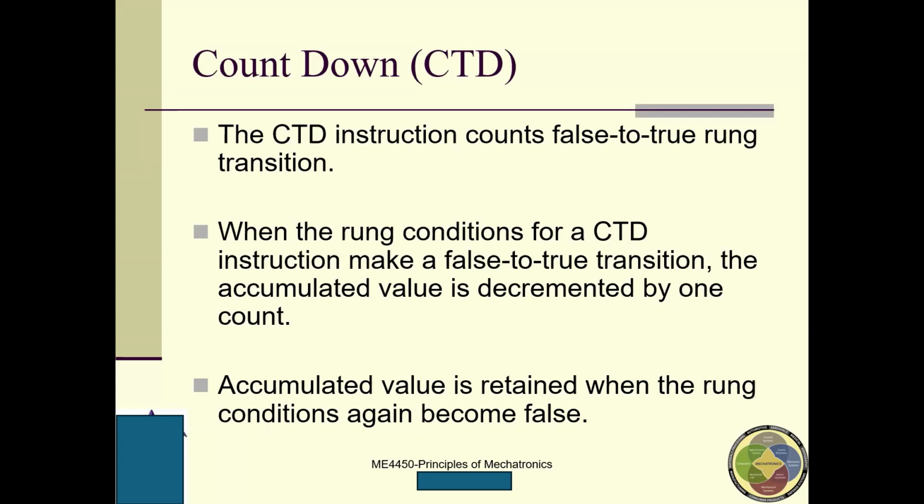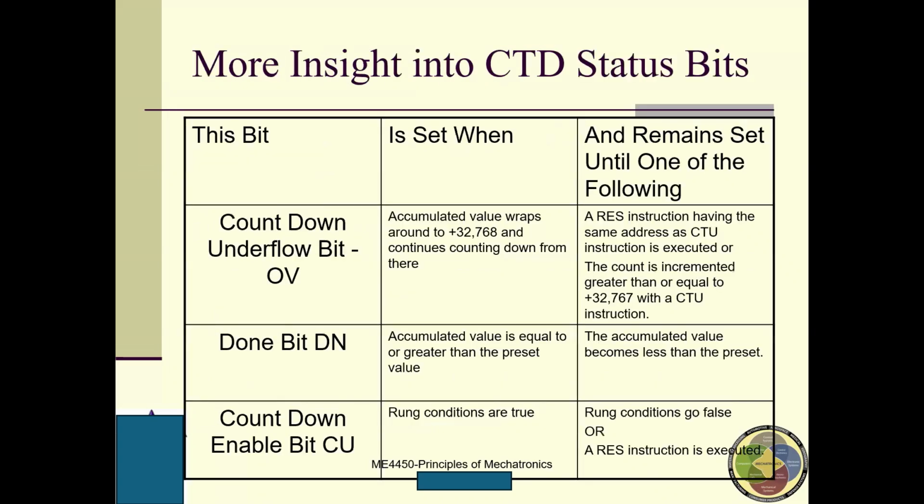And counter down means that if one transition comes, the ACC decrements by 1. That is the reason it is called counter down. I want to emphasize this because, as I said, based on my teaching experience, some students are confused.